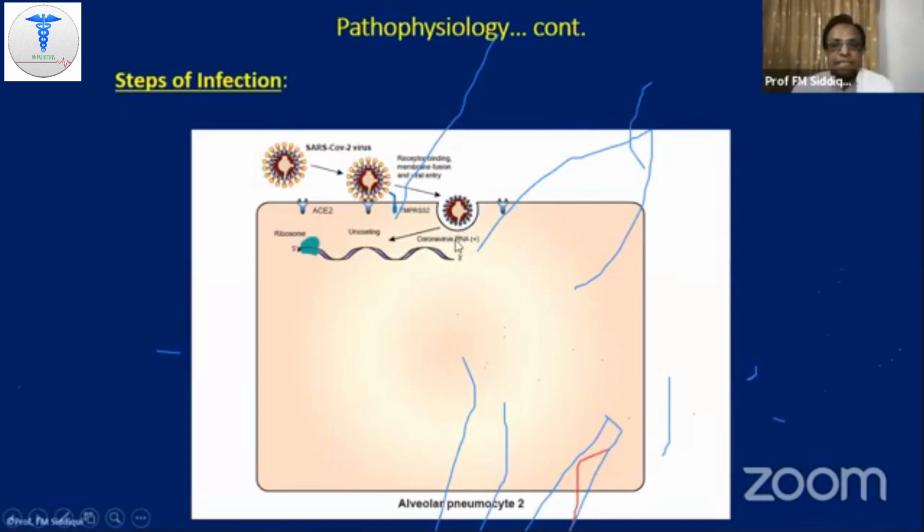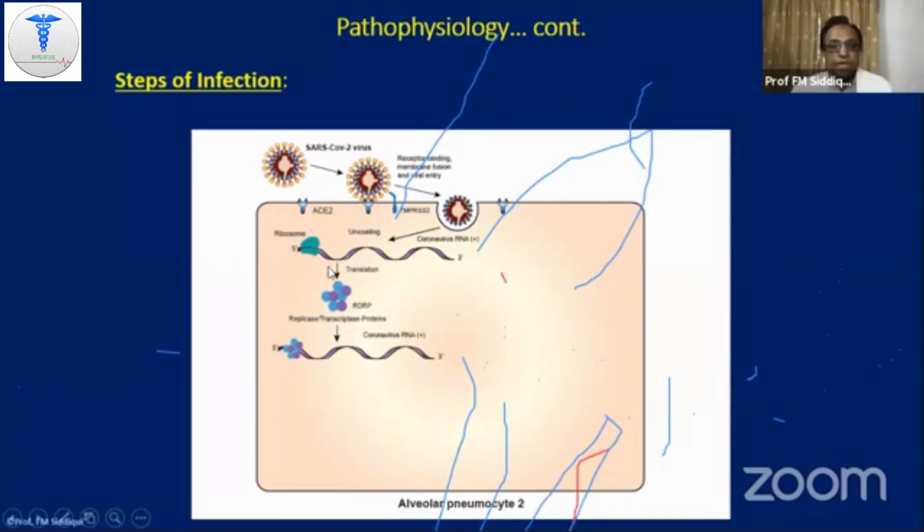Once inside the cell, the virus releases its RNA into the cytoplasm. This is known as uncoating. So this is the viral RNA in the cell cytoplasm. As you can see, this is a positive sense coronavirus, so within the cytoplasm, the ribosome immediately starts translating the virus. By this process of translation, it produces two types of protein, replicase protein and transcriptase protein.